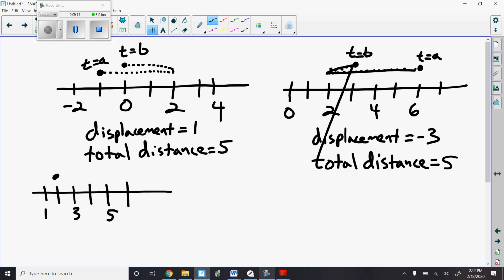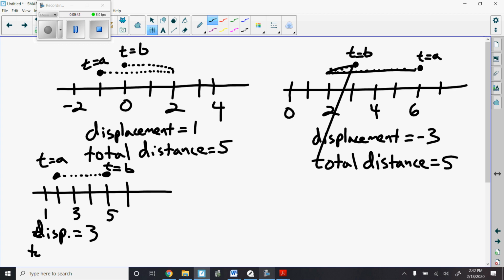Right? If I start at a position of 2 and I travel to a position of 5, well, here my displacement would be 3.